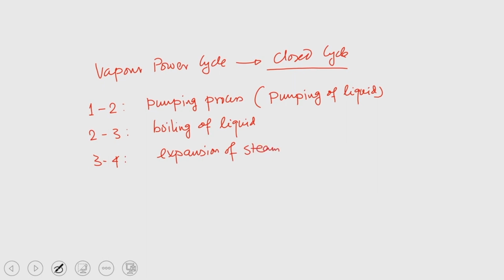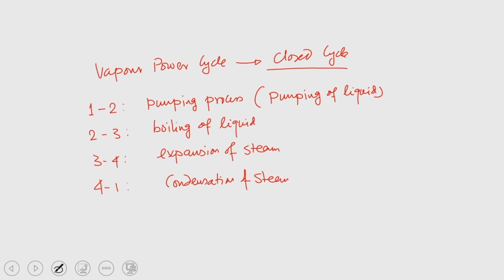Pumping is a reversible adiabatic steady state steady flow process. Boiling is a constant pressure heat addition. Expansion of steam is reversible adiabatic expansion, and finally 4 to 1 is condensation of steam, which is constant pressure heat rejection.